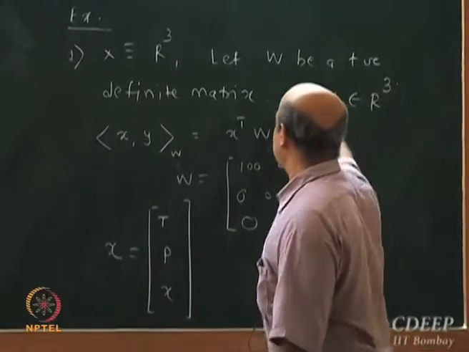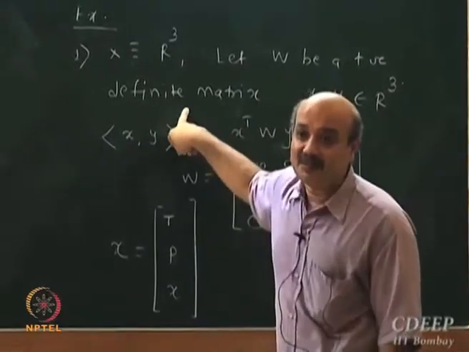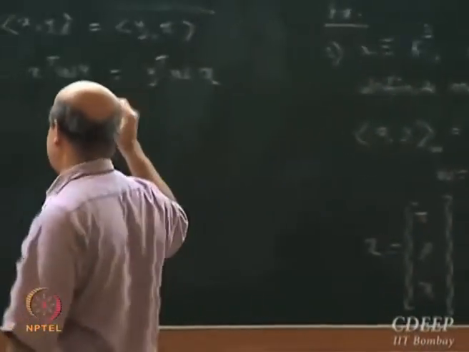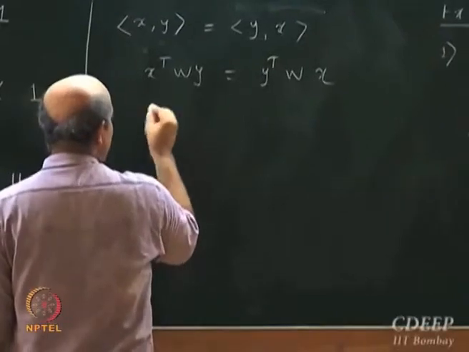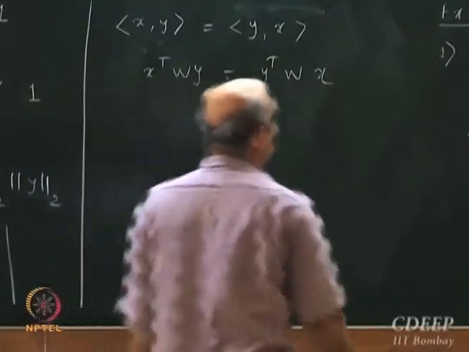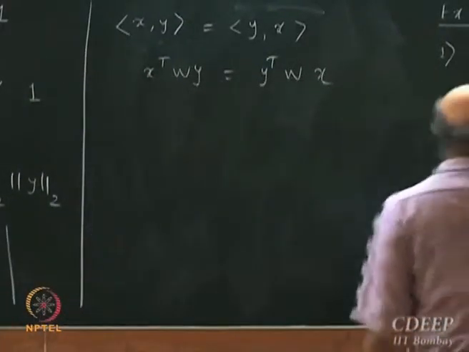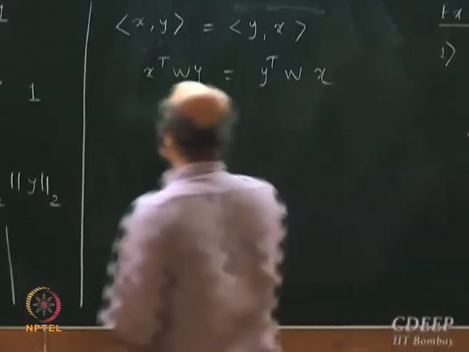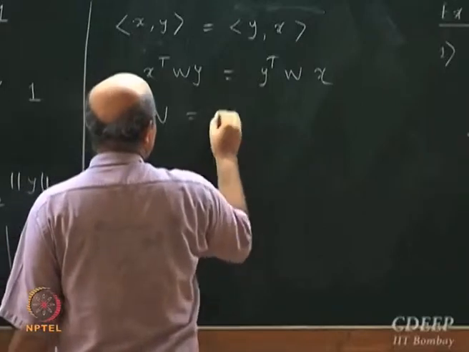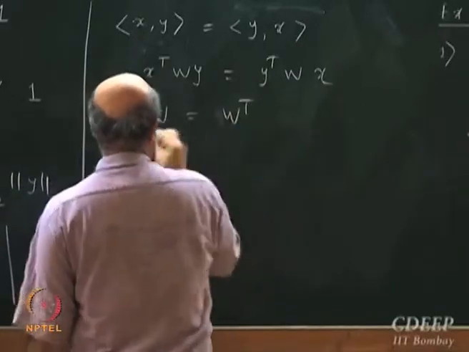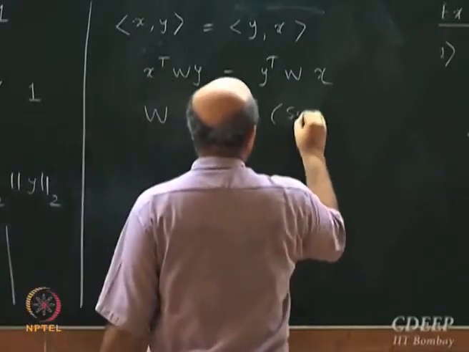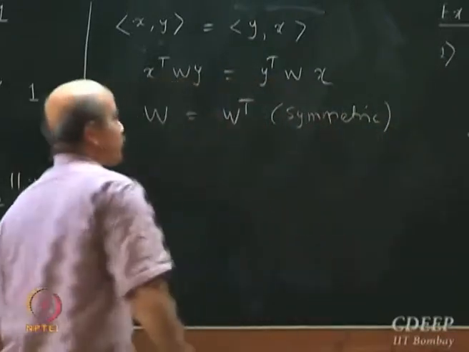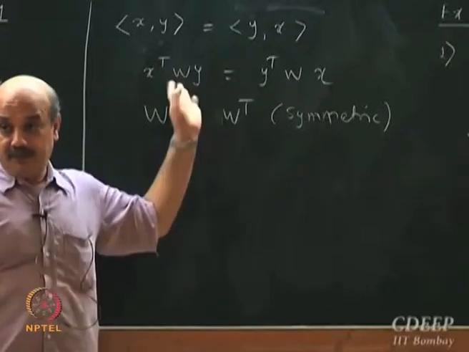Oh no, I just said it's a positive definite matrix. I need something more. So I need this matrix W to be positive definite, and also this W has to be symmetric. W is equal to W transpose. This should be symmetric, otherwise this doesn't hold.